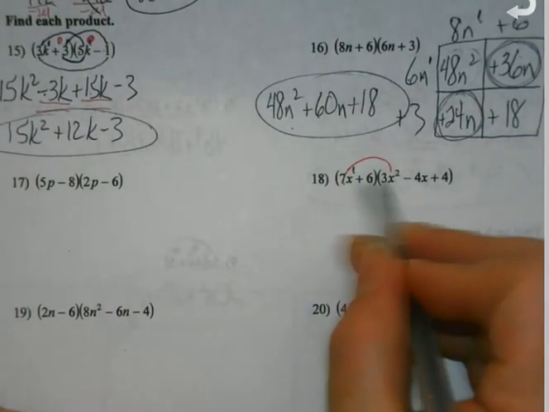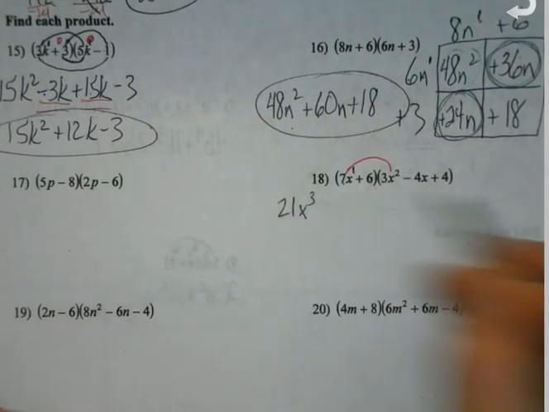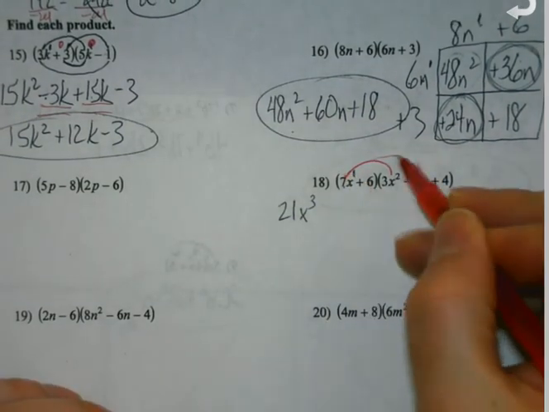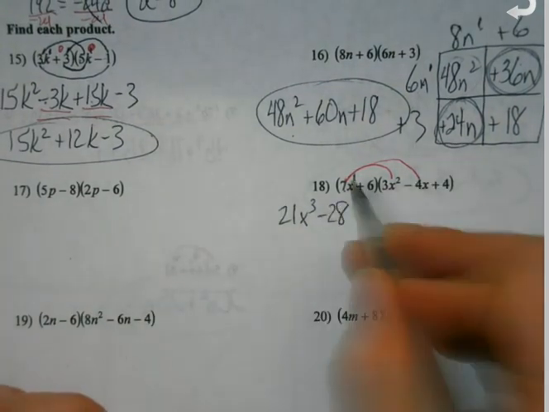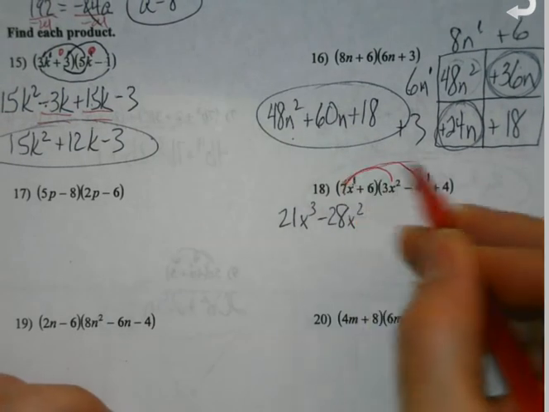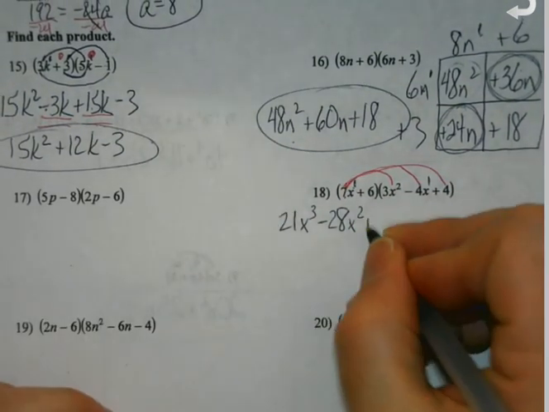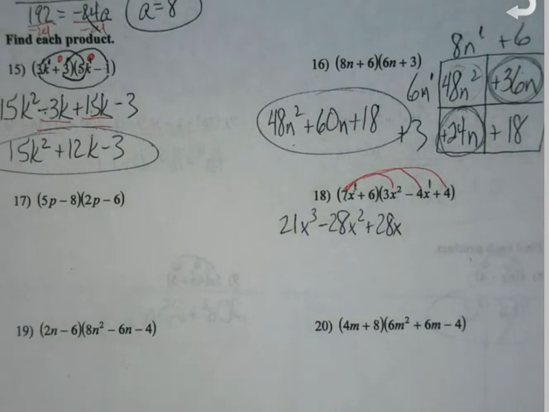Say, okay, so 7 times 3 is 21. Add my exponents. And then I do the 7 times the negative 4. Add my exponents. Then I do the 7 times the 4. Get that. But then I've still got to go through with that 6 and do it all again.